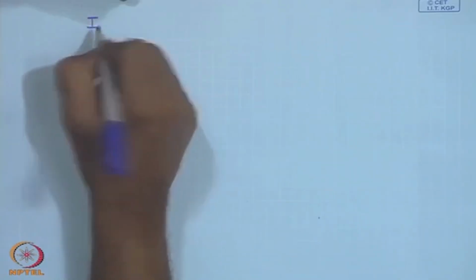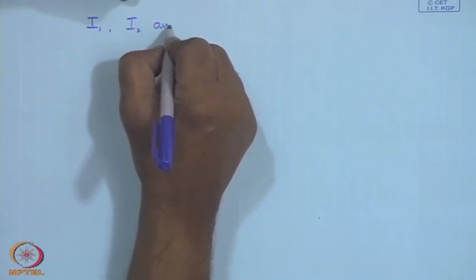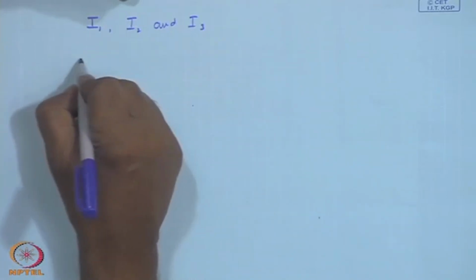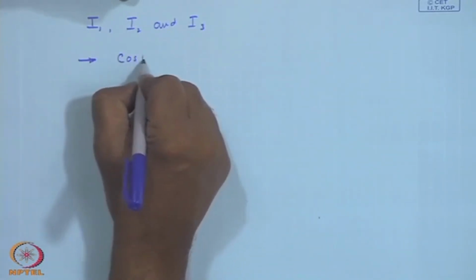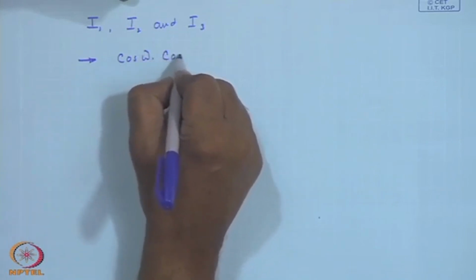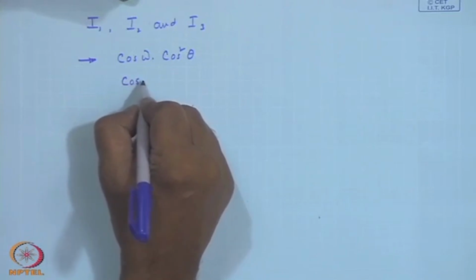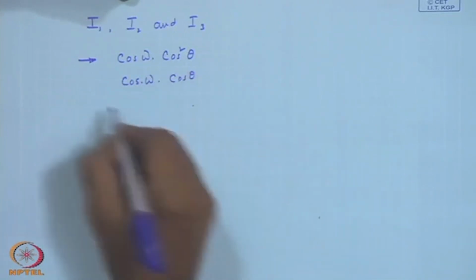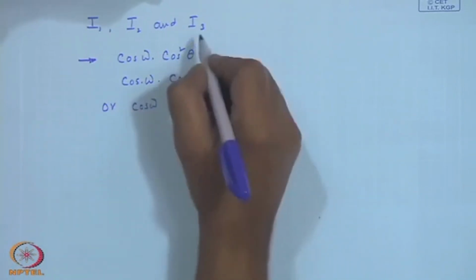Now, if you look at I 1, I 2 and I 3, the highest combination that can occur is cos omega times cos squared theta, and rest of them are lesser, cos omega cos theta or cos omega.